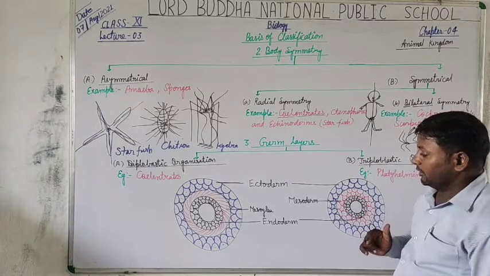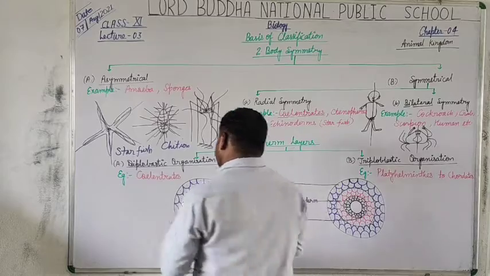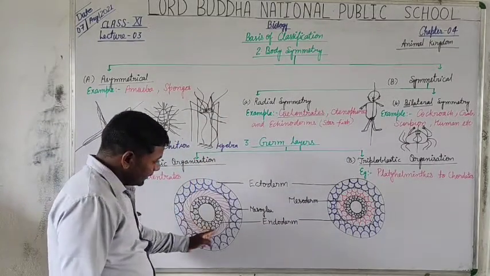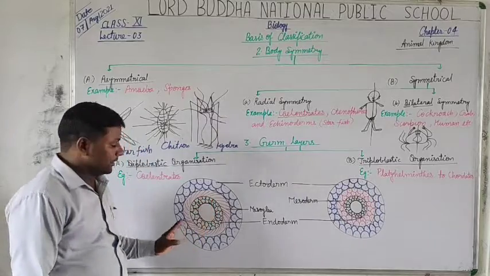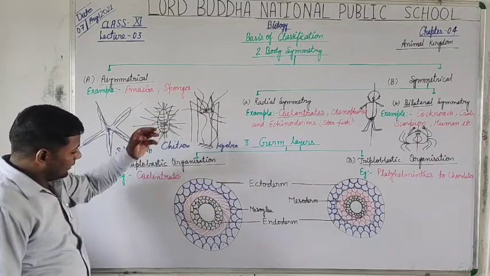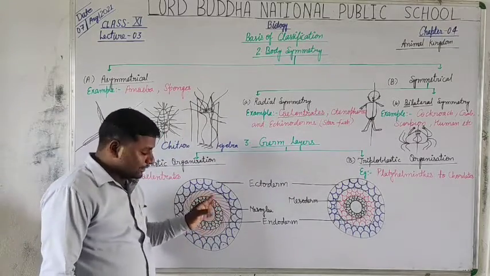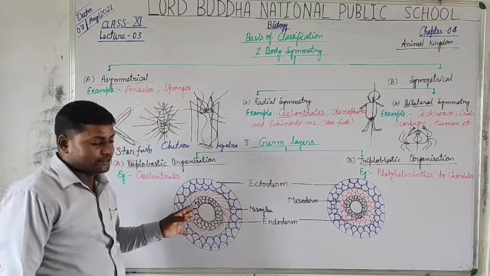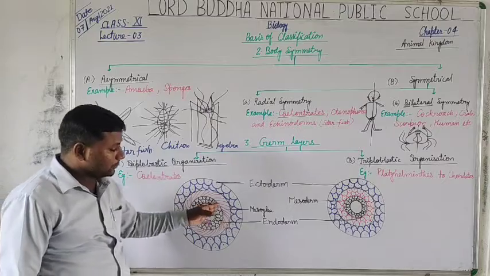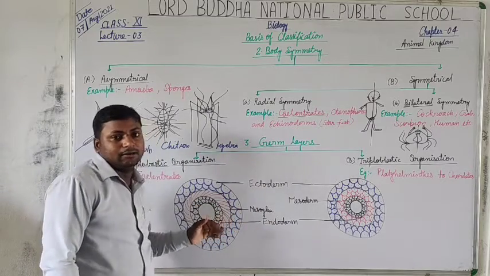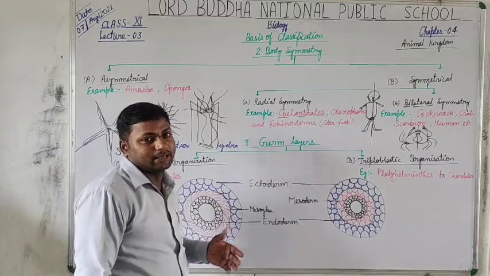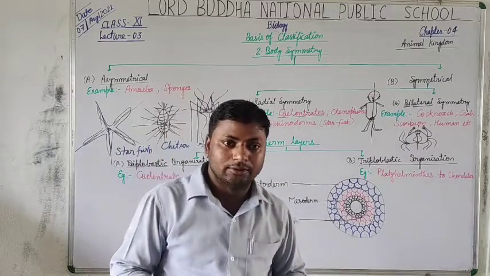So what did we find here? In diploblastic organization, the ectoderm and endoderm embryonic layers are present, and the middle layer is incompletely present, having a fluid structure called mesoglea with a few mesoglial cells which secrete the viscous fluid.